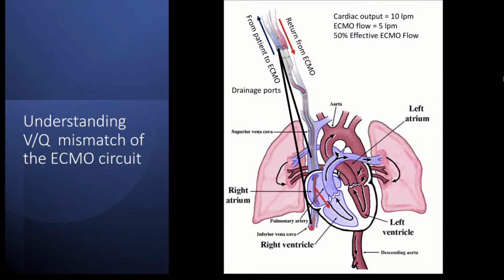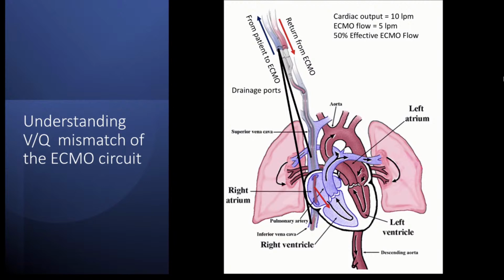If your cardiac output fills the right atrium and goes through the tricuspid valve at 10 liters a minute, but your flow through this cannula is only 5 liters per minute, you have a 50% VQ mismatch. And that's what I mean when I say VQ mismatch of the ECMO circuit.